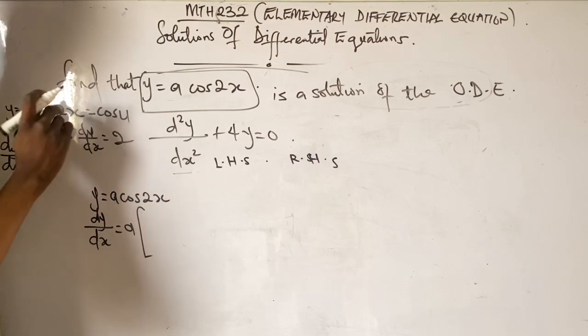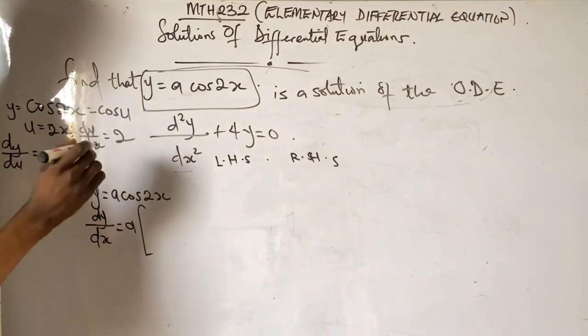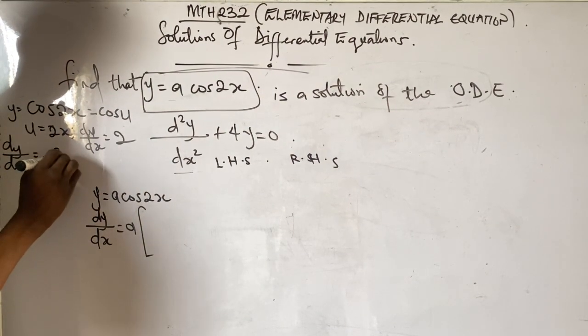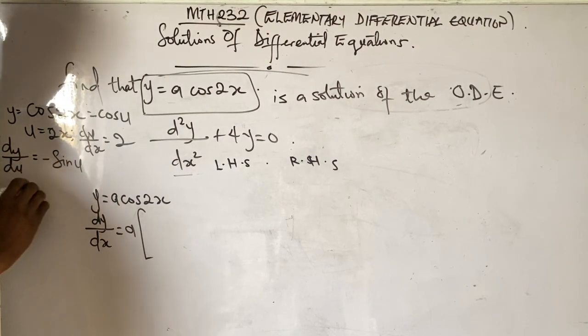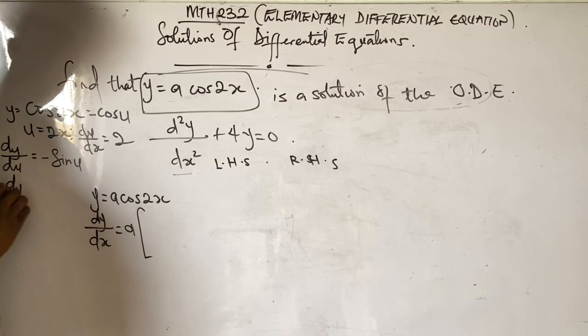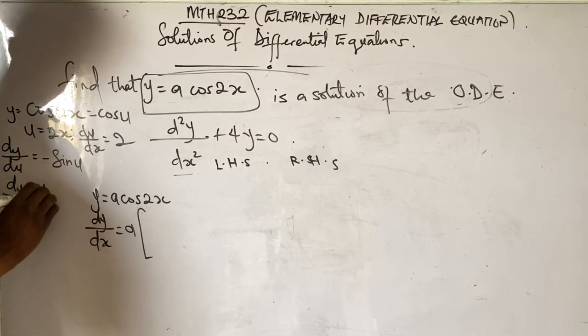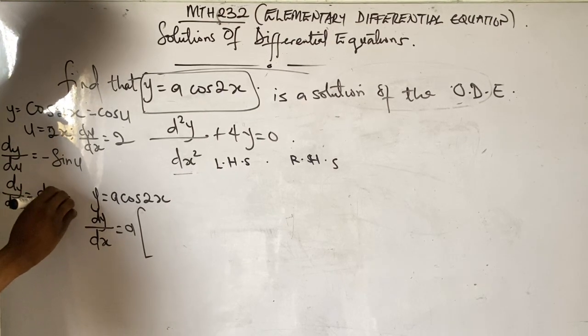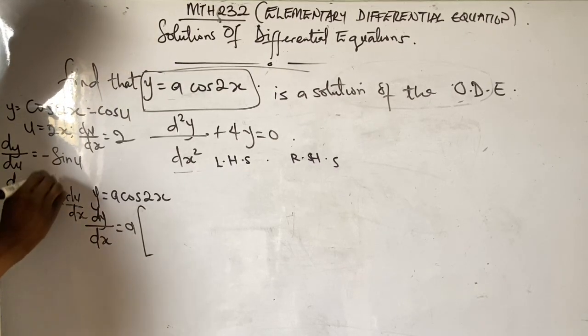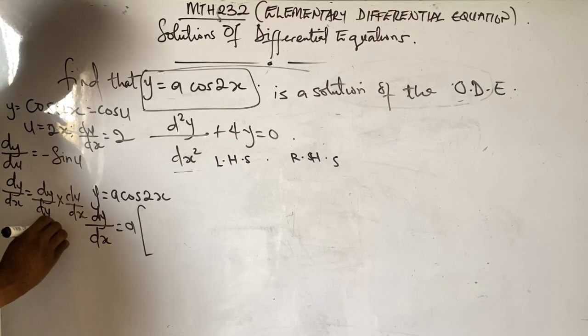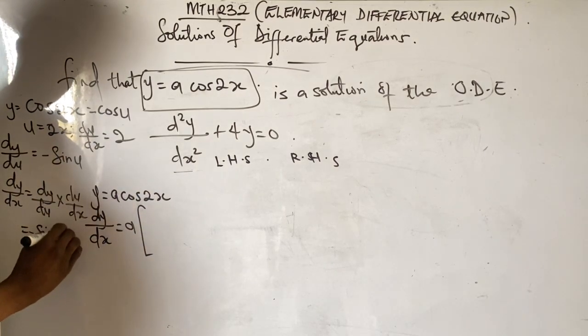Trigonometric differentiation: the differential of cos u is minus sin u. So dy/du is minus sin u. So dy/dx is always equal to dy/du times du/dx, which is minus sin u times 2.